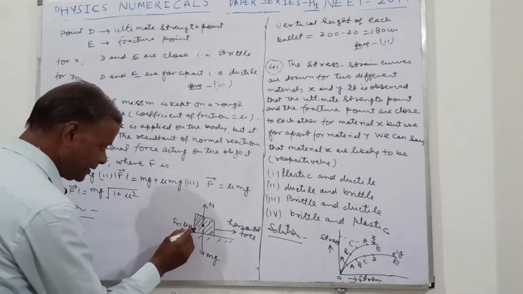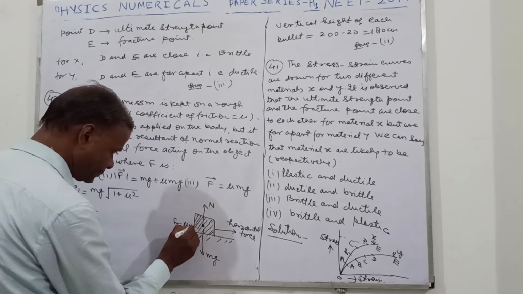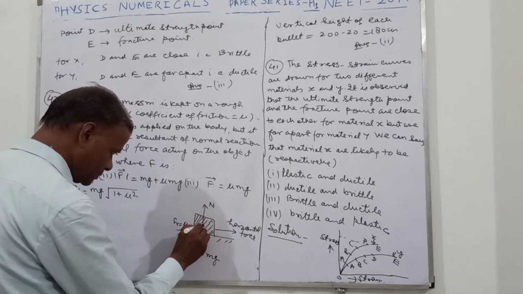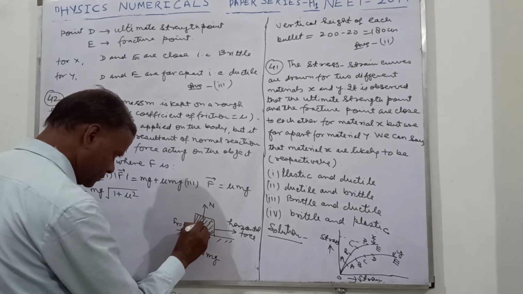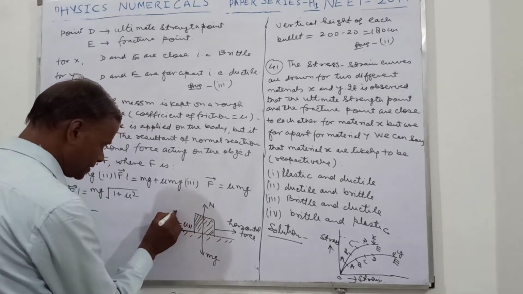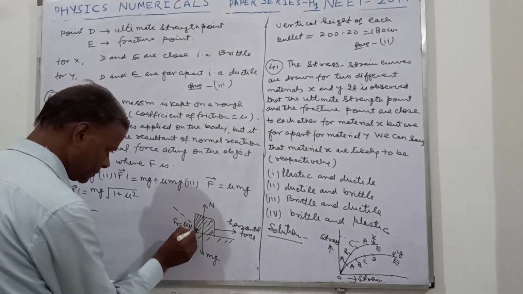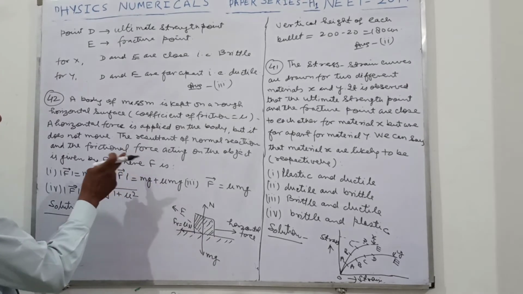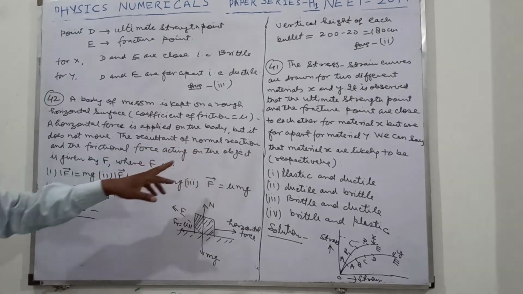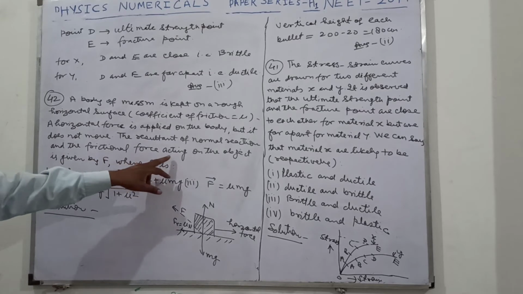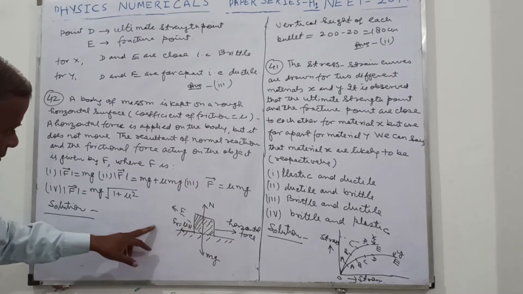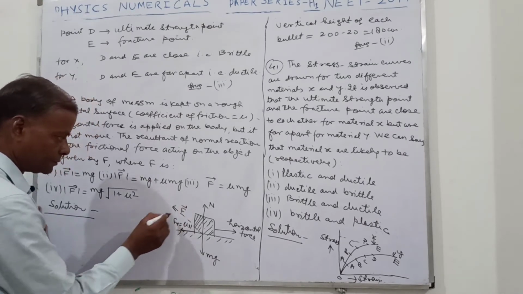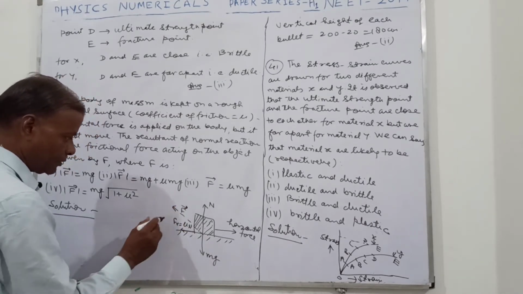Now we are given here the frictional force, then this is the resultant. This is given in the question. The resultant of normal reaction and the frictional force, that is the force F. So what we have?